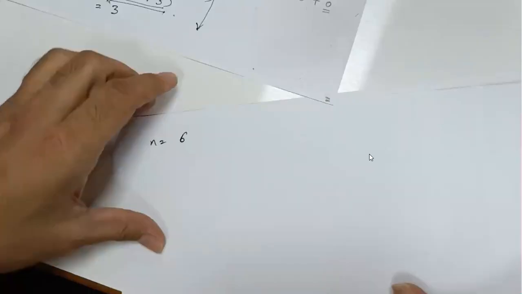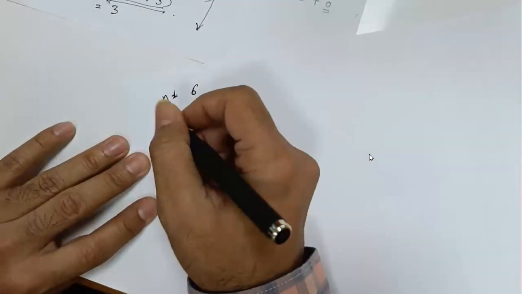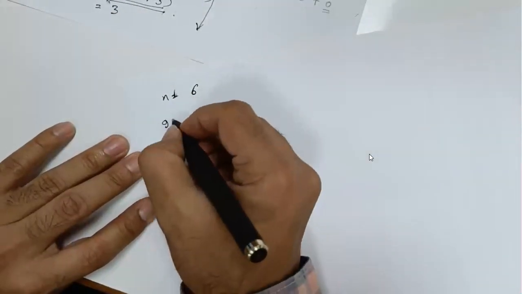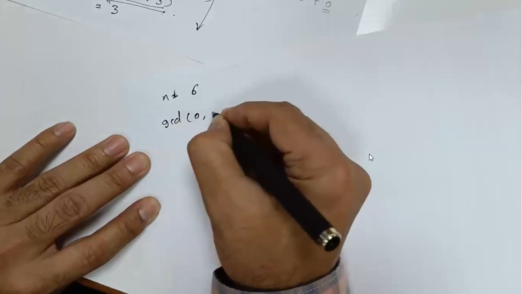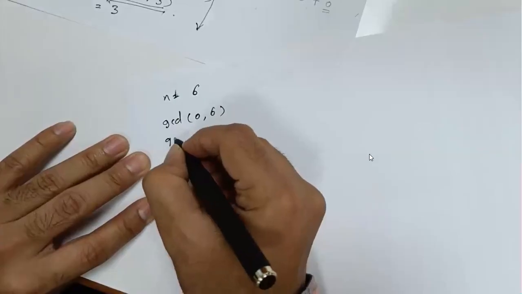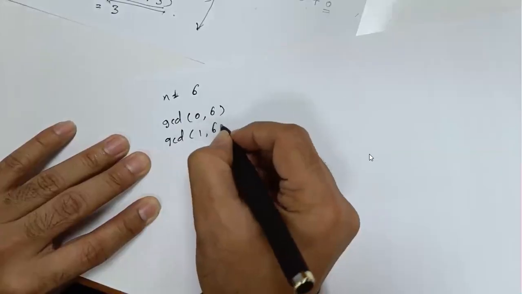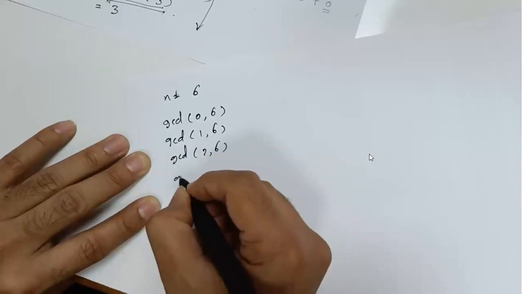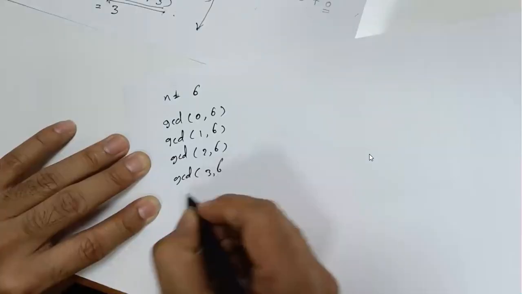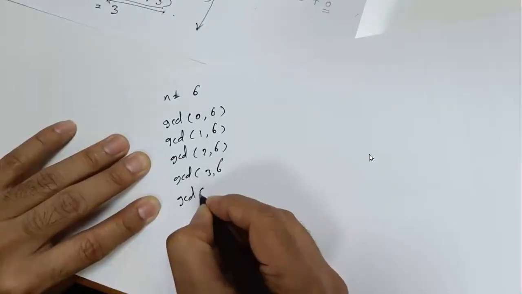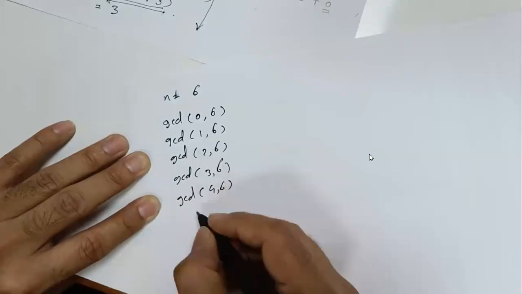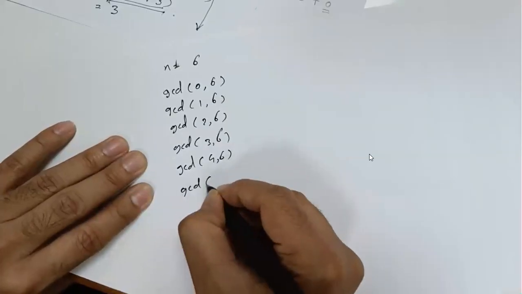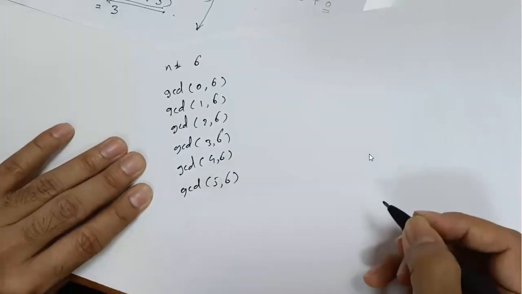So you have to find out GCD of 0 and 6, GCD of 1 and 6, GCD of 2 and 6, up to 5 and 6.